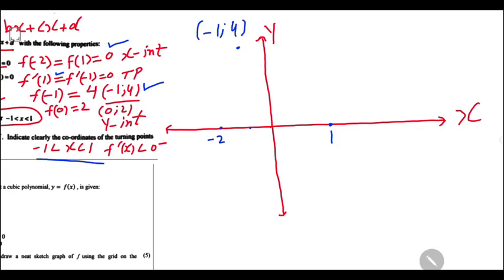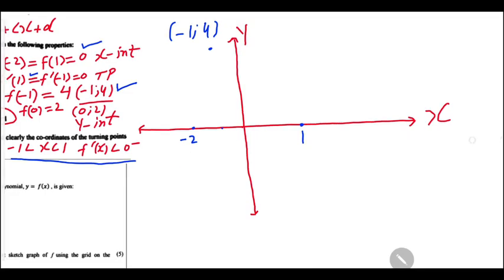Between -1 and +1, the first derivative must be negative, which means the graph must decrease. So obviously we start the graph from here first, and the y-intercept we have is 0 and 2. Somewhere here is my y-intercept, x value 0, y value 2.